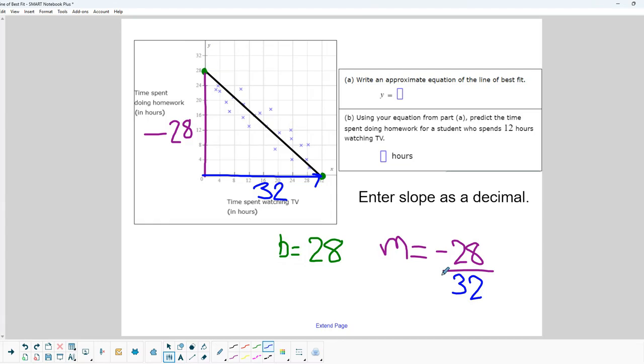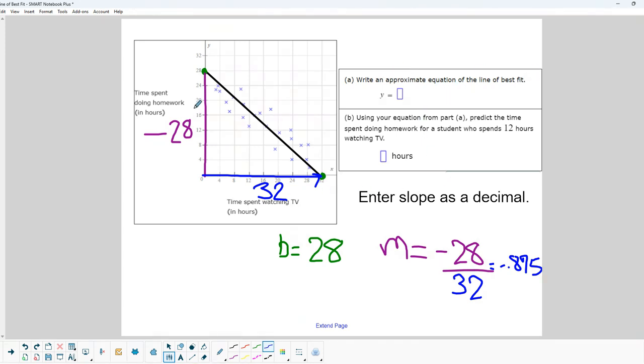So now I have to divide 28 by 32 on my calculator. So 28 divided by 32. If I divide this, I get negative 0.875.